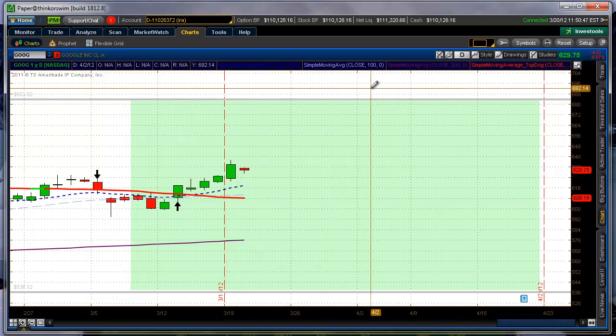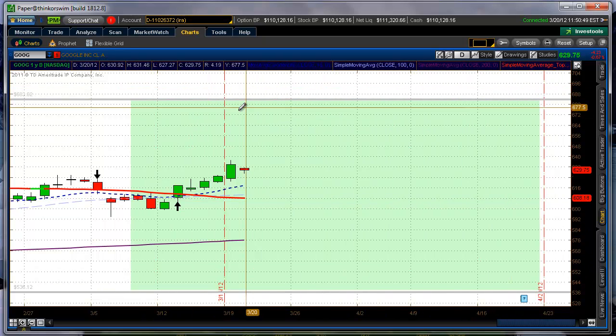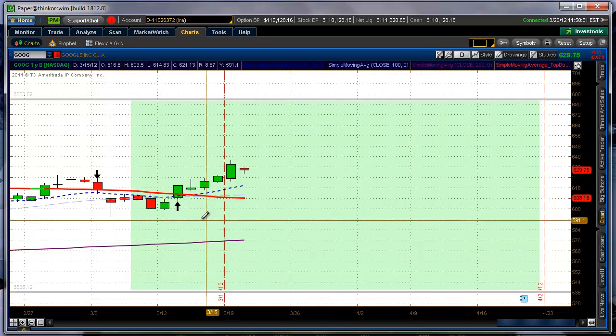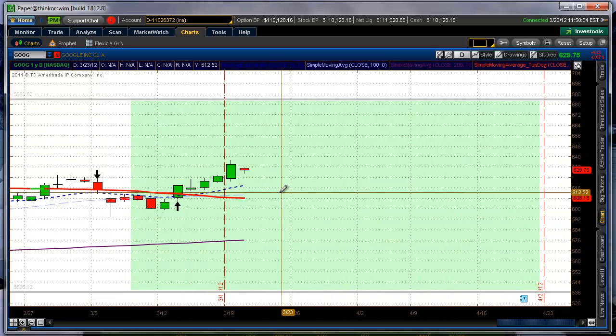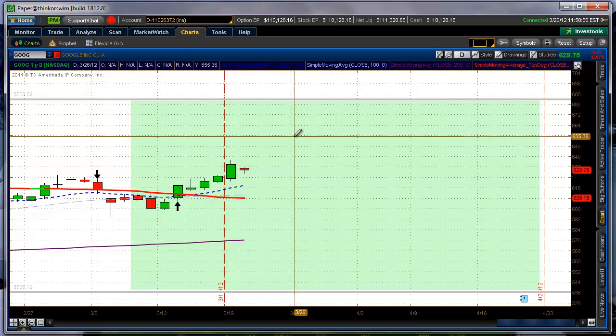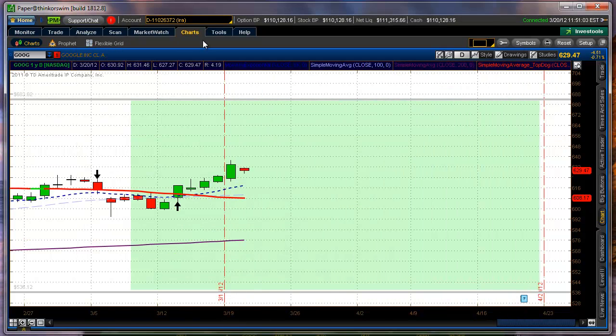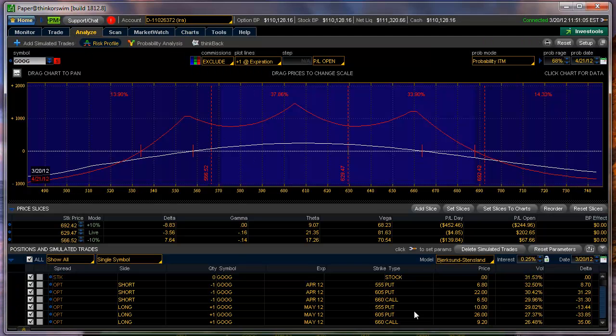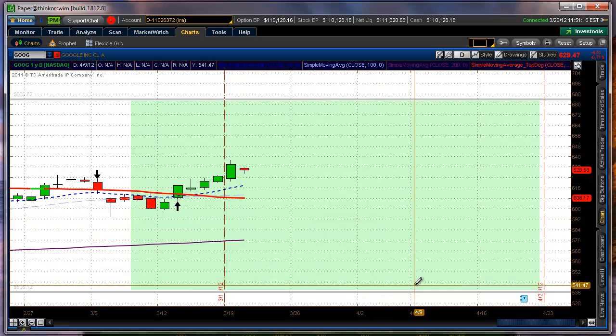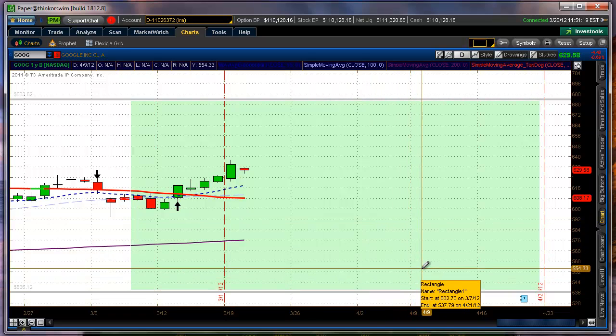Here's the chart. The green highlighted box that I drew here is where I want the price to wiggle around in, preferably up around where my actual strikes are. The 555, 605, and 660 is where we're going to get the most profit.